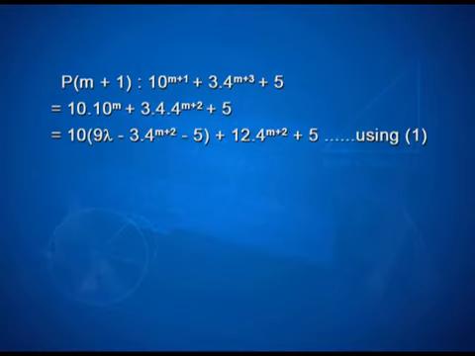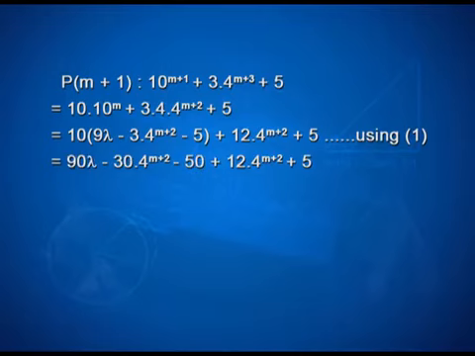Here, taking the help of the first equation, 10 × (9λ − 3 × 4^(m+2) − 5) + 12 × 4^(m+2) + 5. After opening the brackets we get 90λ − 30 × 4^(m+2) − 50 + 12 × 4^(m+2) + 5.